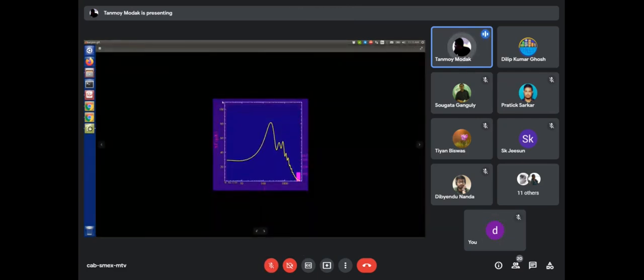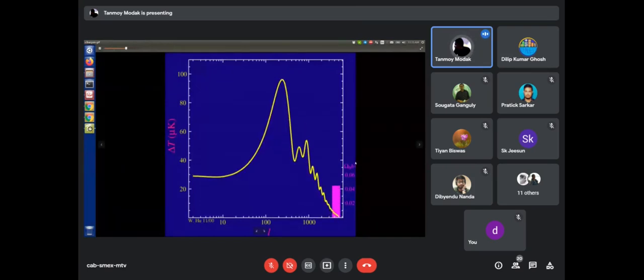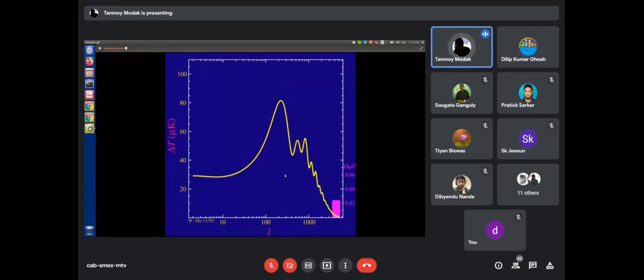So how this thing is actually dependent on it. You can see on this axis, this is the baryon number density. If you increase it, the sound speed basically reduces. And you can see that the first peak and the third peak basically get larger if you increase this number.